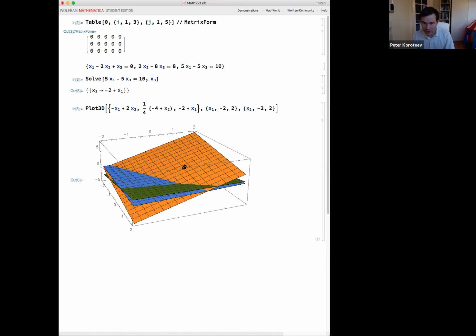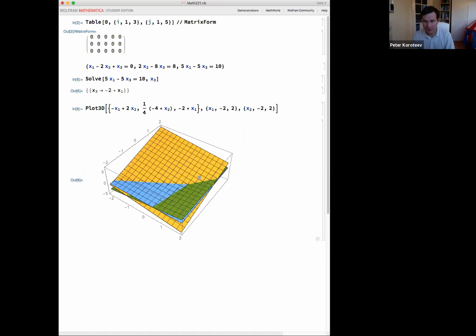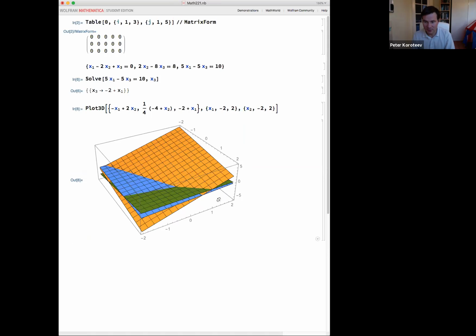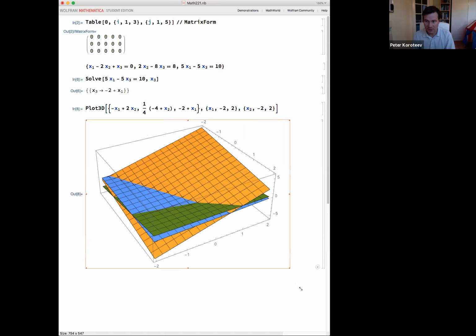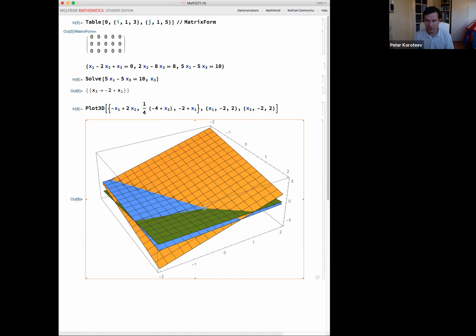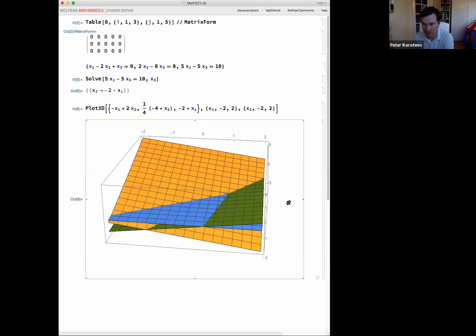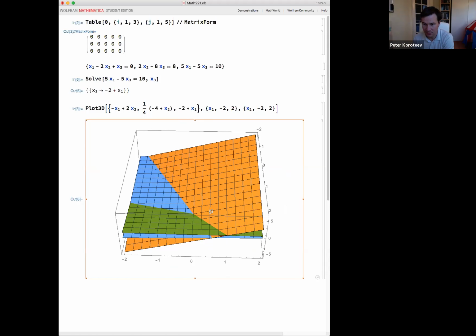Nevertheless, I think that it doesn't really make much difference. You can see here that there's a point over here. So we can see what the coordinates are. We found the solution, which reads x1 is equal to 1, x2 is equal to 0. So this is the x2 axis. It happens that x2 equals 0, x1 is equal to 1, right? And x3 is equal to -1.